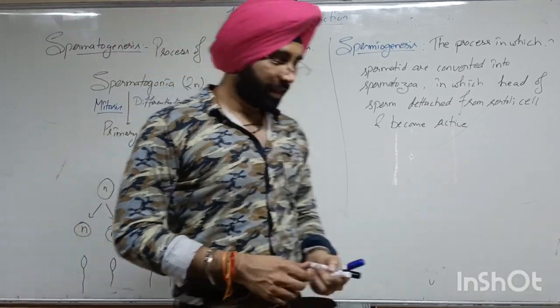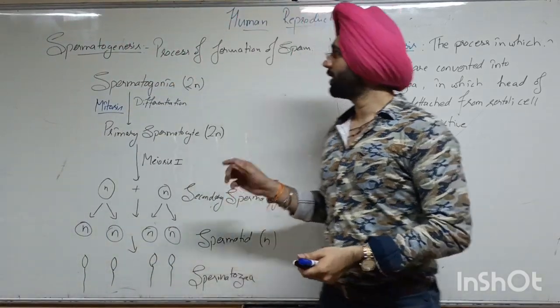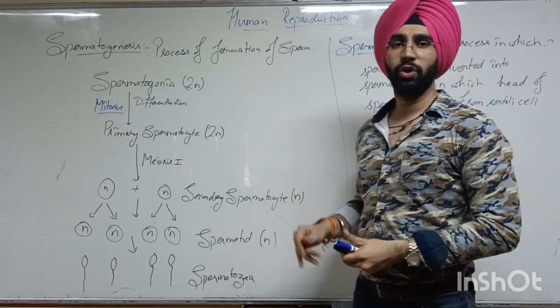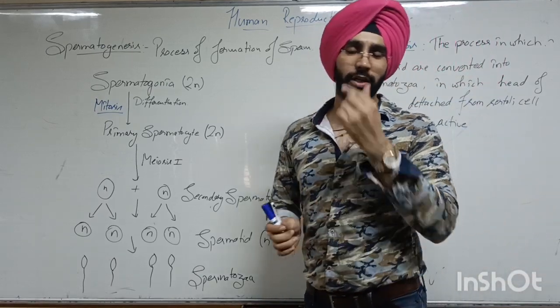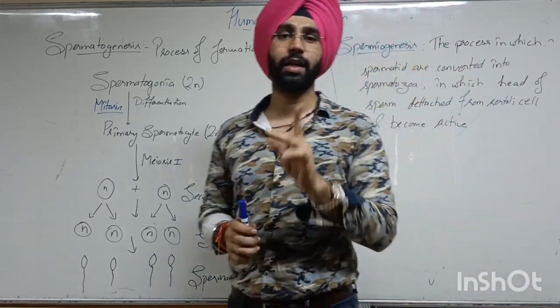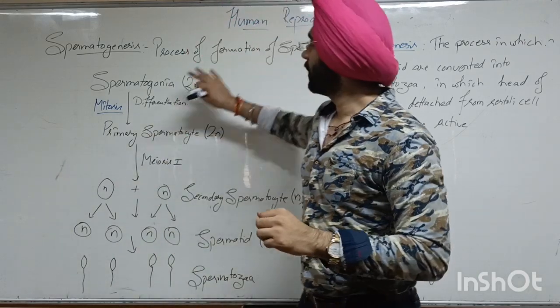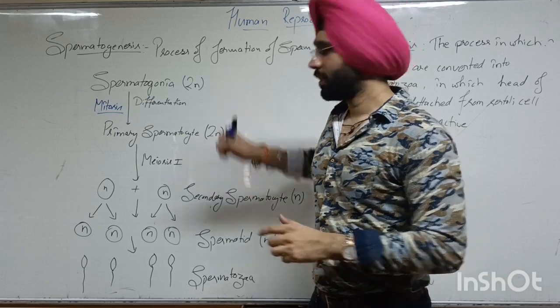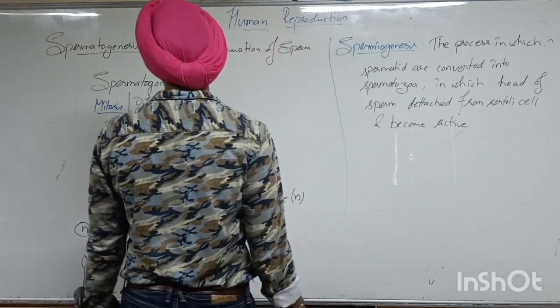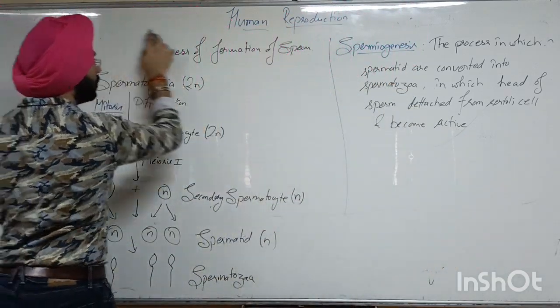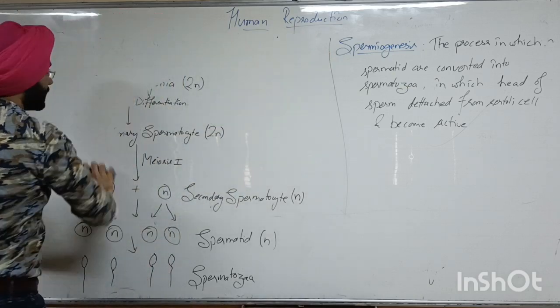So now the last topic which comes under spermatogenesis is the hormone action. What kind of hormones are responsible? In our NCERT, there are two hormones responsible for spermatogenesis. So now we are going to understand the hormonal action on spermatogenesis.